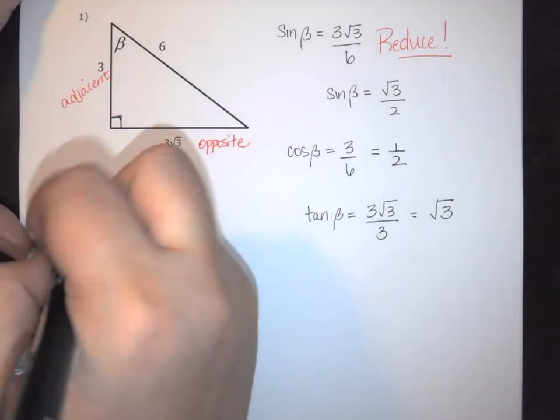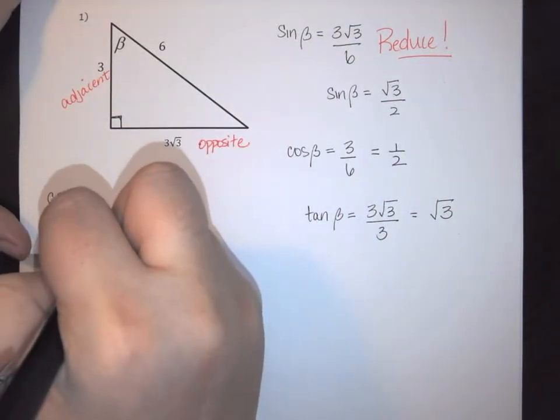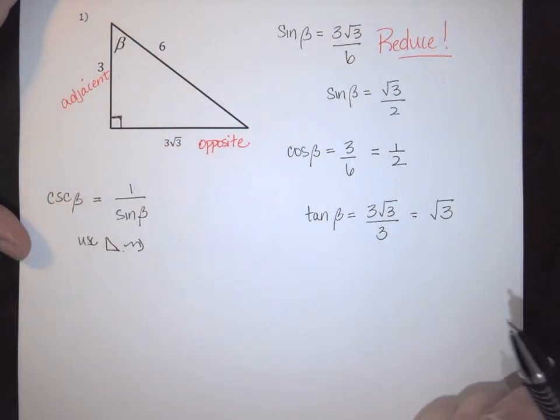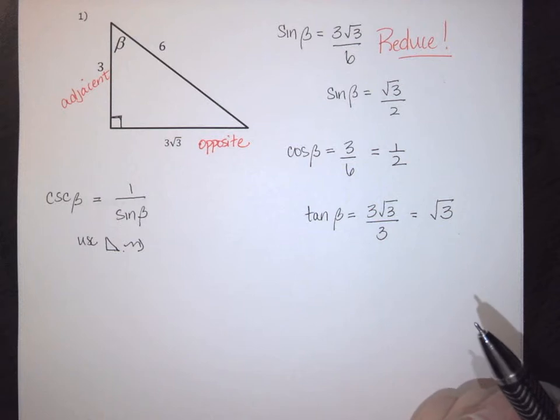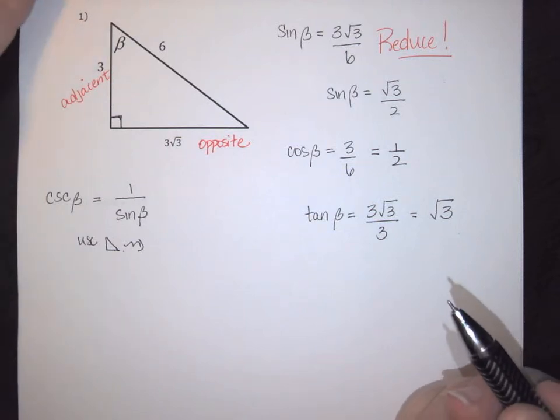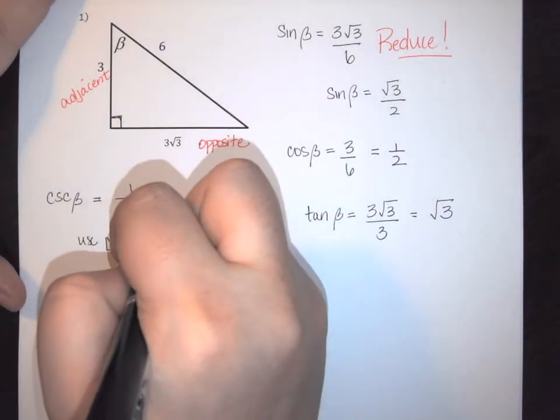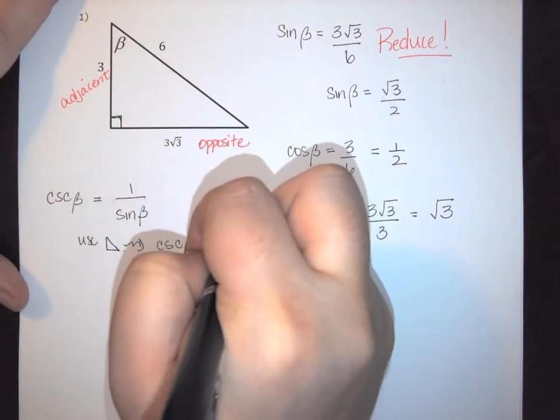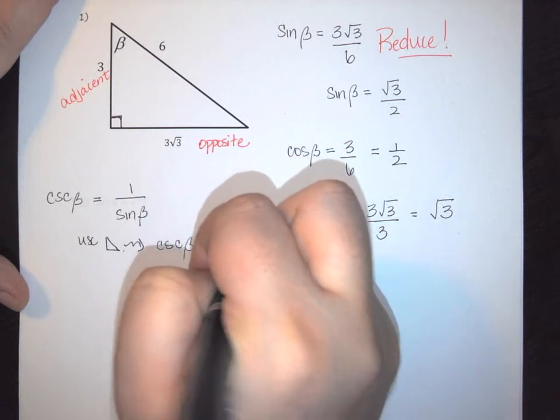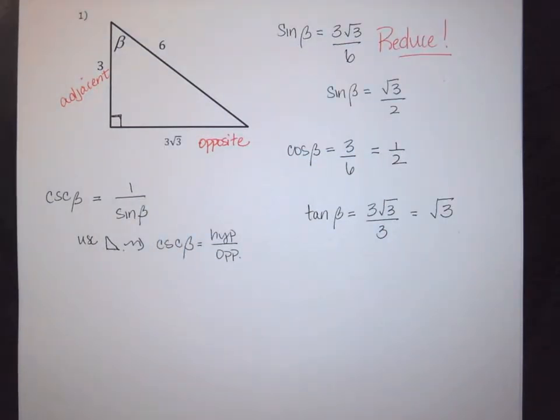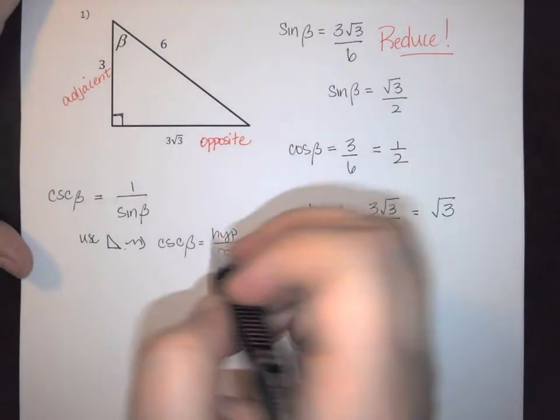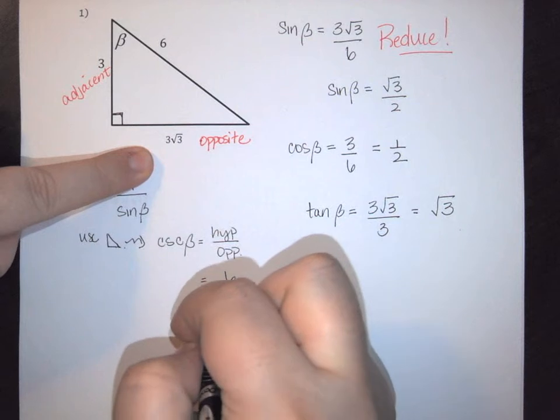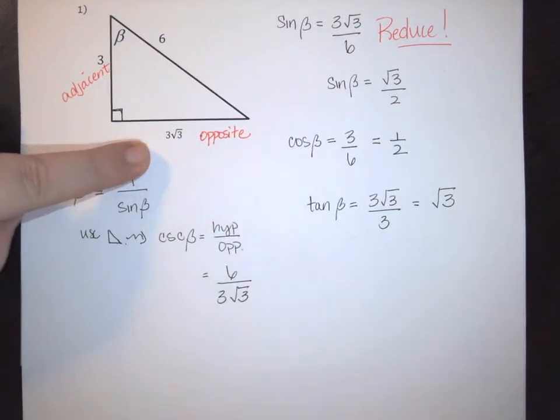So if I'm going to use the triangle, let's go ahead and use my right triangle here. Using the triangle, we have to remember the cosecant of beta is going to be the same as my hypotenuse over opposite. Essentially, we are flipping the script. So my hypotenuse is 6, so this would end up being 6 over the opposite, which is 3 square roots of 3.